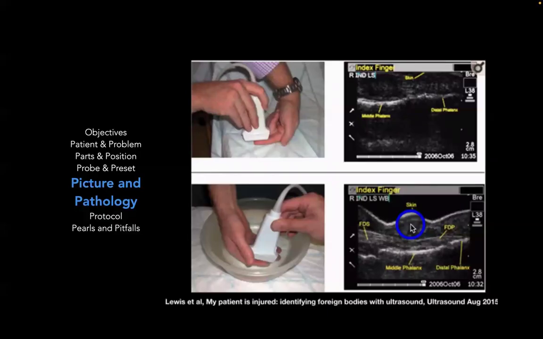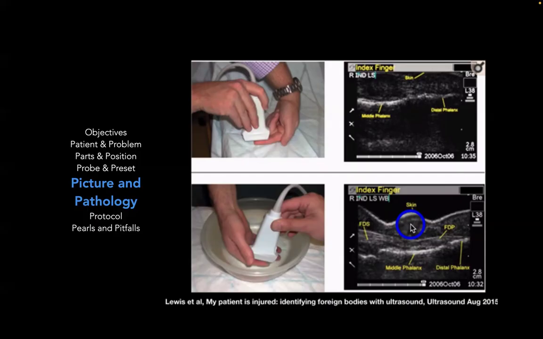Another strategy in ultrasounding patients, like let's say small digits or fingers, because it's so small and so curved, sometimes it's hard to balance the probe right on such a small area, and it's hard to scan such a curved structure.